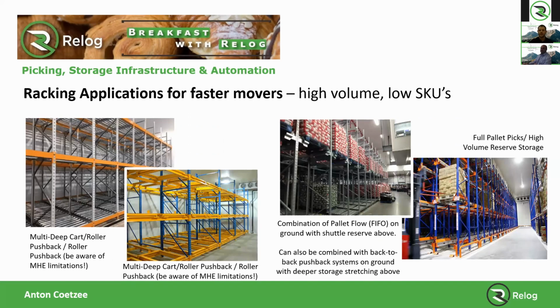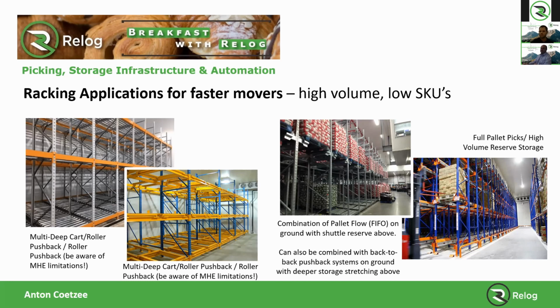Then if we look at some of the other racking applications that we have implemented before for faster movers, which are generally a low number of SKUs but very high volume movers, we've implemented deep lane solutions like you can see in the pictures.